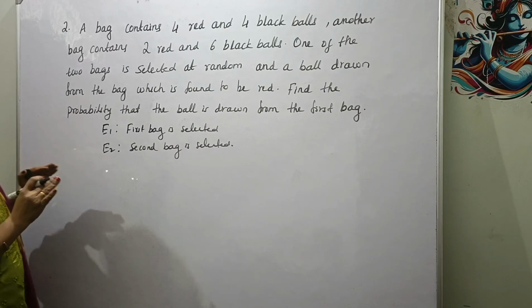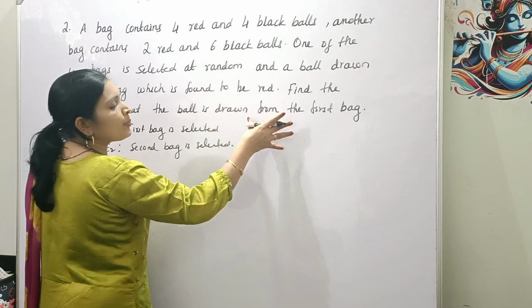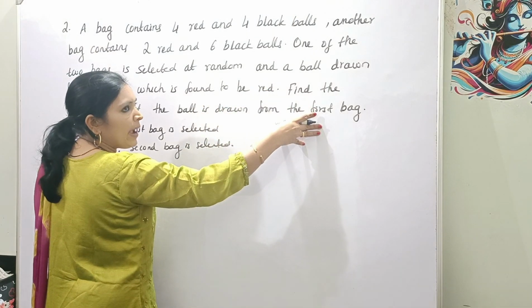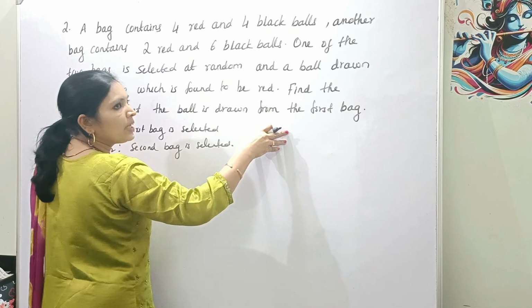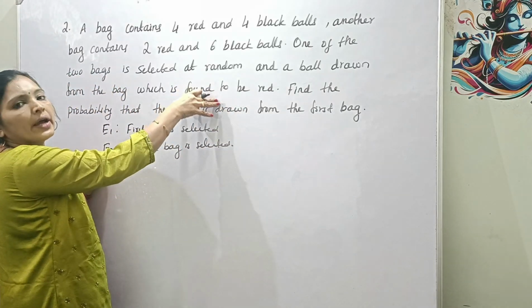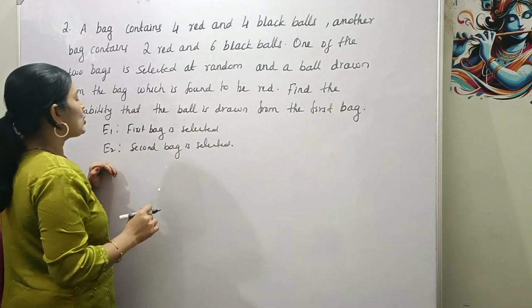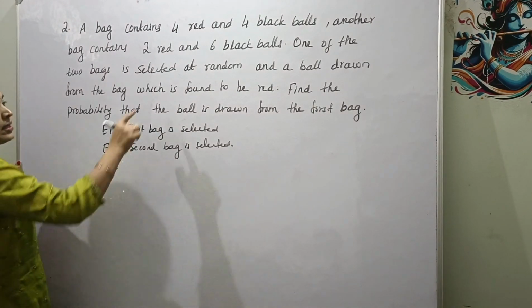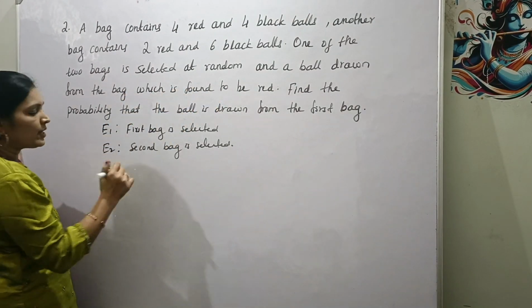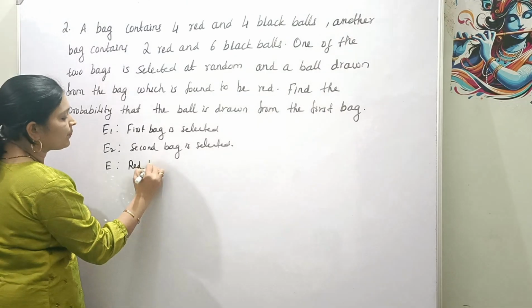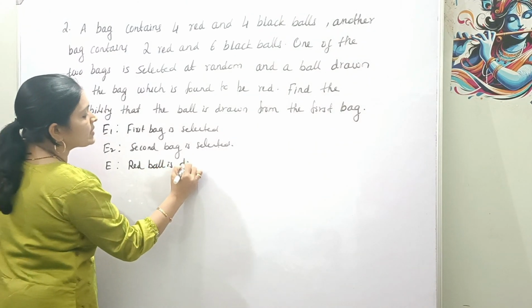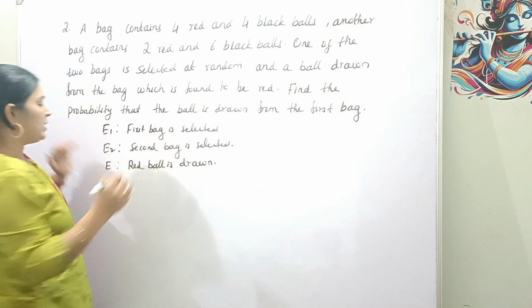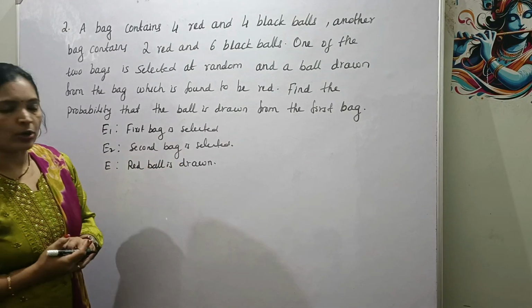Now, we have to find the probability of the first bag, that is E1, given that it is red. So let E be the event that a red ball is drawn.